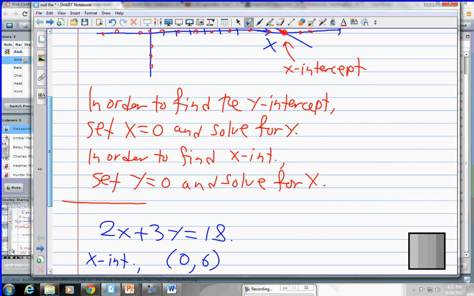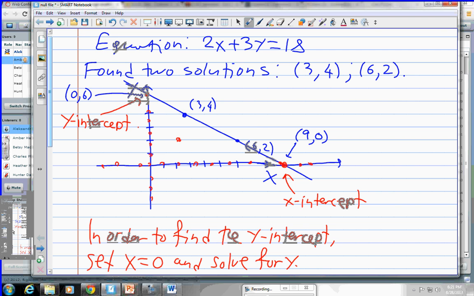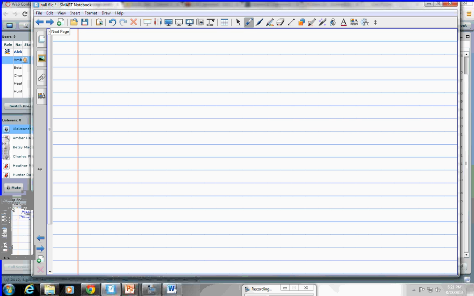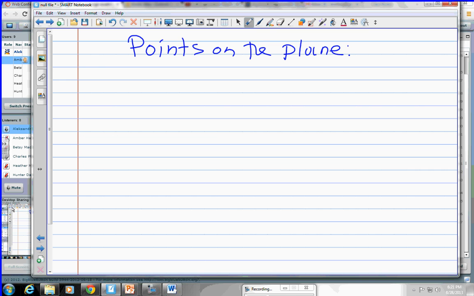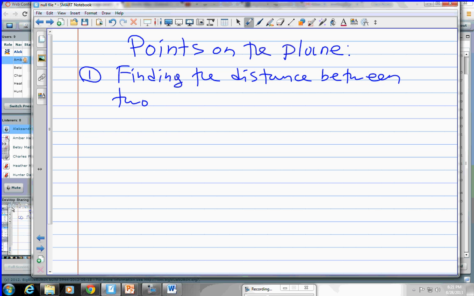Okay. Now let's talk about points on the plane. The first thing that we want to talk about is finding the distance between two points on the plane. So basically we're going to try to derive the distance formula.